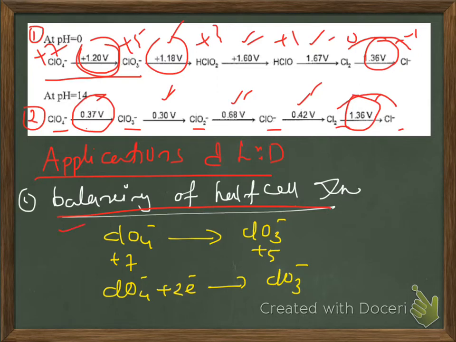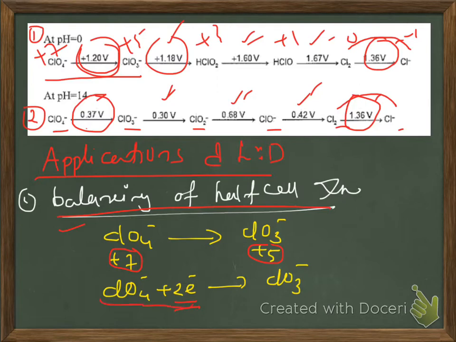Then you have to write the skeletal equation ClO4- gives ClO3- and then balance it. Balancing you have studied in your +1 classes. Here oxidation number is +7 and it is +5, so it is a 2 electron change. Since it is a reduction process, the electrons need to be recorded at the left side, 2 electrons.